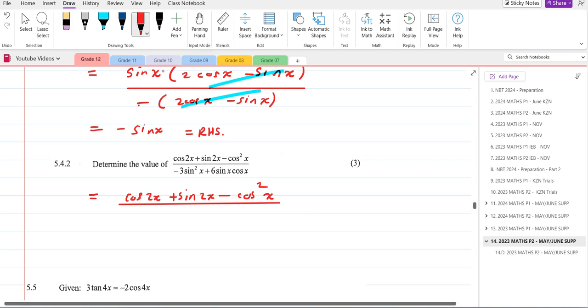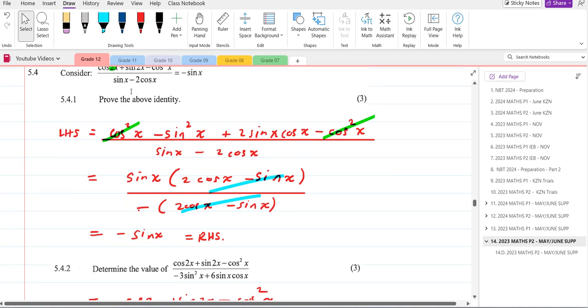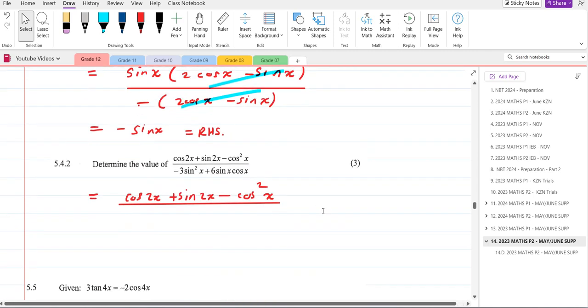I'm going to take out negative 3 sin x from the bottom, because that's the HCF. Then I will be left with sin x minus 2 cos x, because 6 divided by minus 3 is minus 2, and sin x cos x divided by sin x is just cos x.